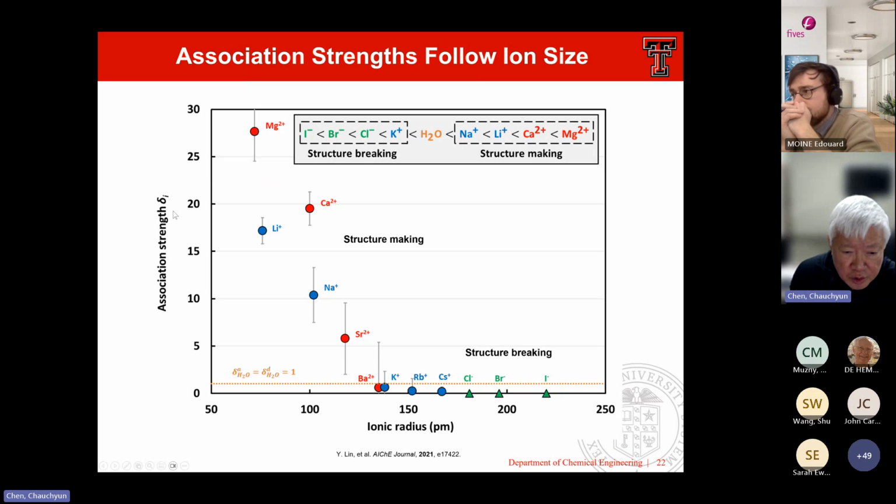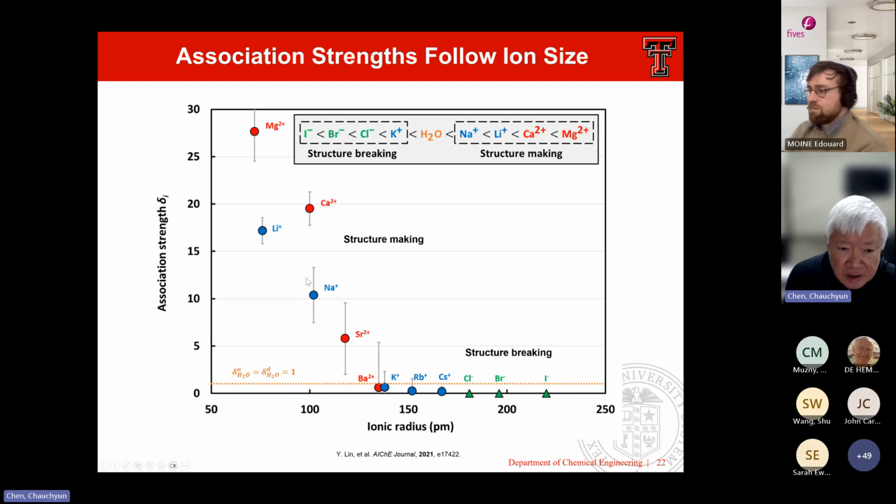So when the association strength of an ion goes beyond unity, then they are so-called structure-making ions. When it becomes less than unity, they are structure-breaking ions. And indeed, all these trends can also be represented in the aqueous electrolyte density data.